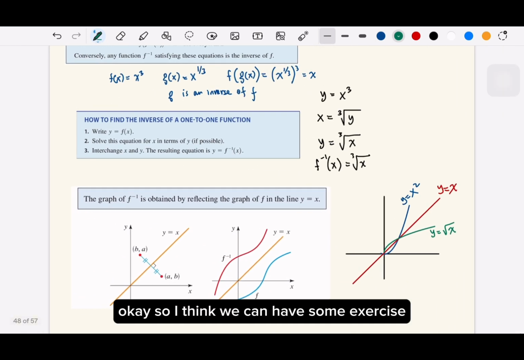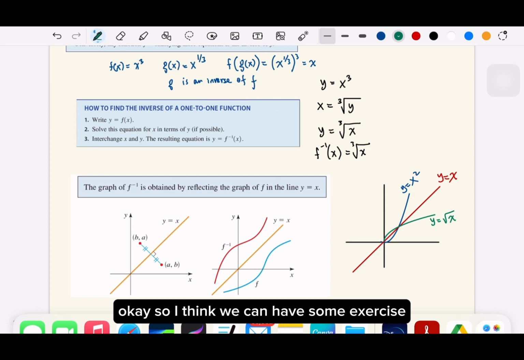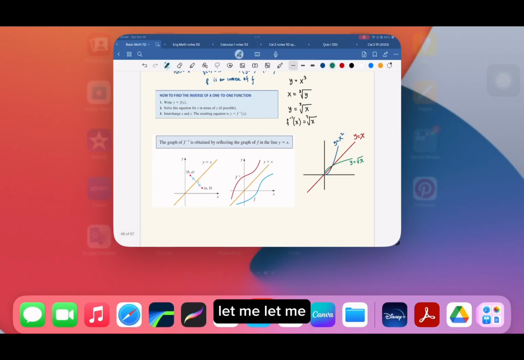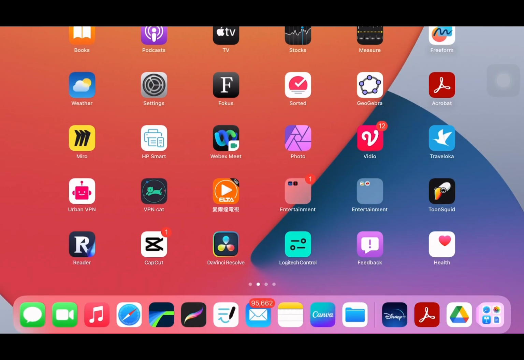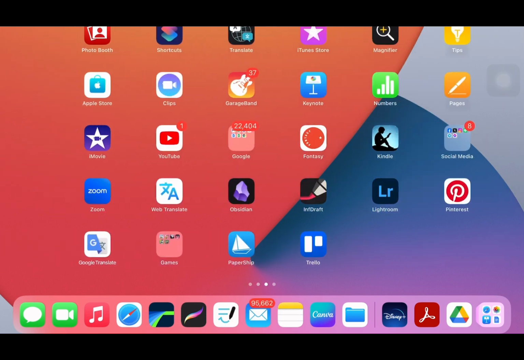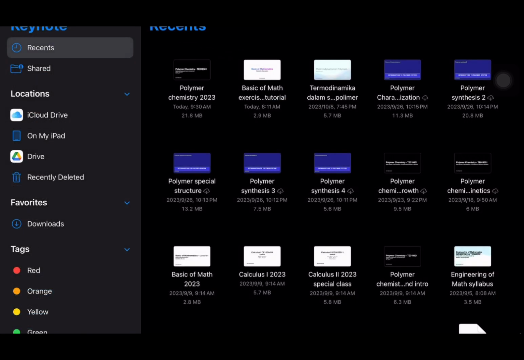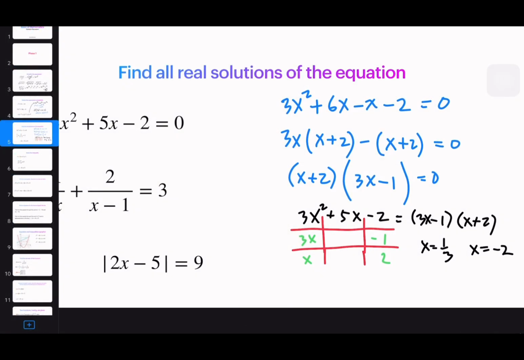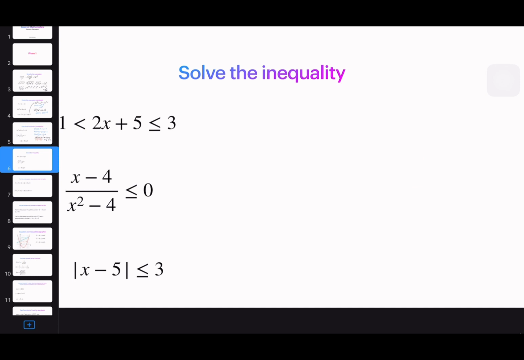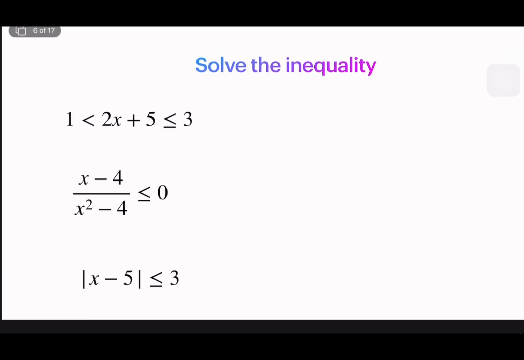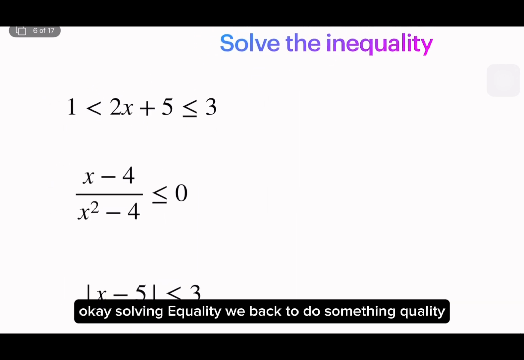Okay. So I think we can have some exercise. Okay, solve the inequality.